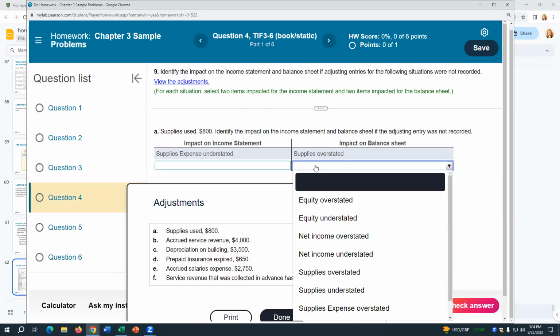So they're wanting us to also go further and say, if we didn't record that expense, then what does that mean for our equity? Expenses reduce our equity, right? So if we don't record an expense, then our equity is going to be overstated.